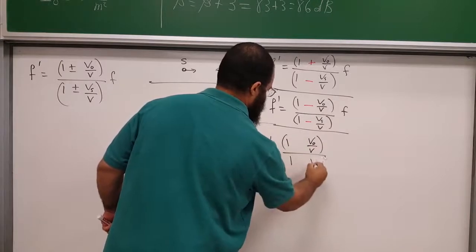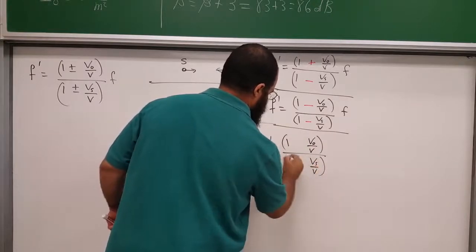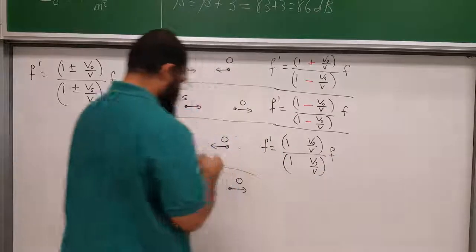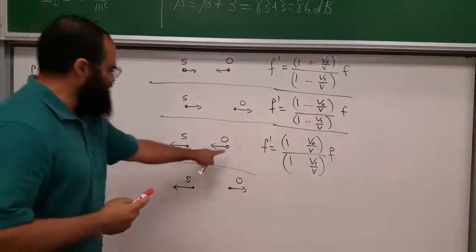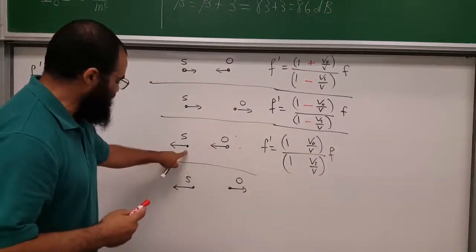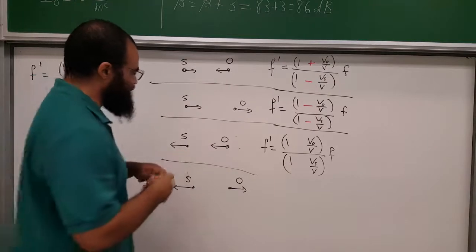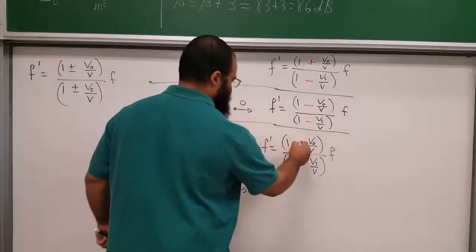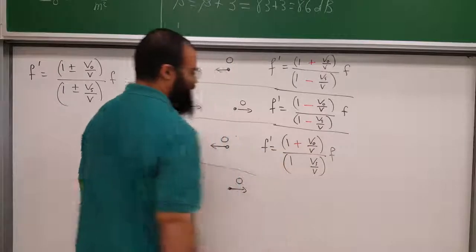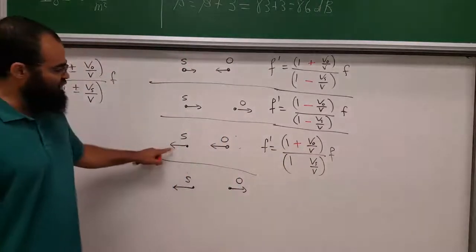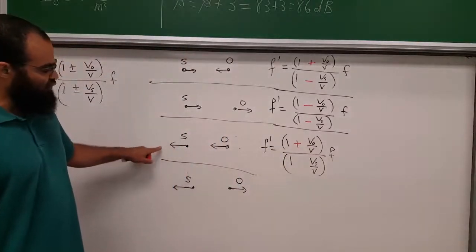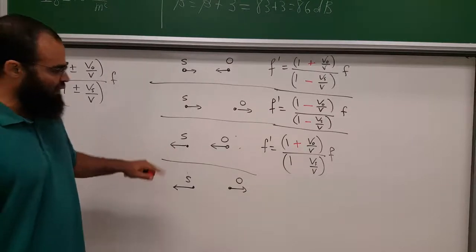The third case, you get F prime will equal 1, leave a blank, leave a blank. So now, the observer is moving toward the source, right? So the observer is trying to make the frequency larger, so larger numerator means larger overall fraction. The source is moving away from the observer, so the source is trying to make the frequency smaller.